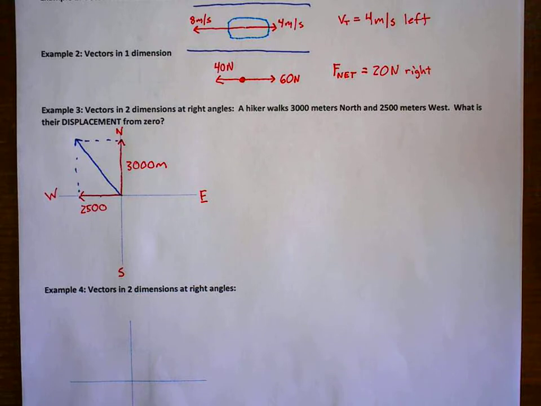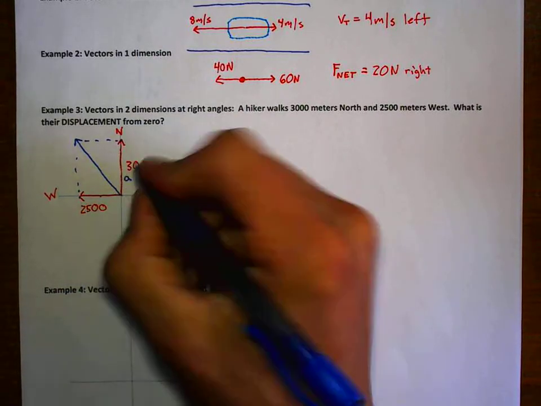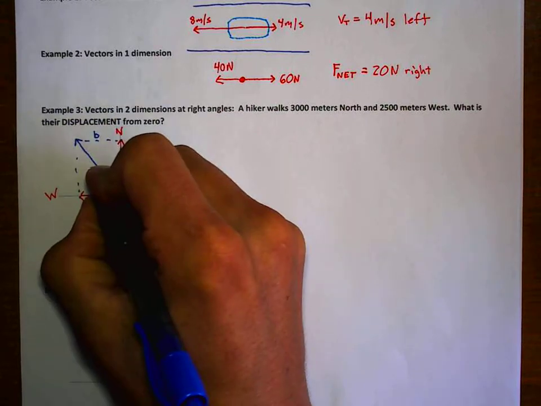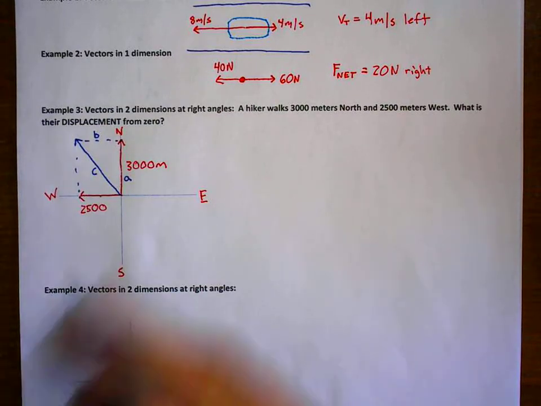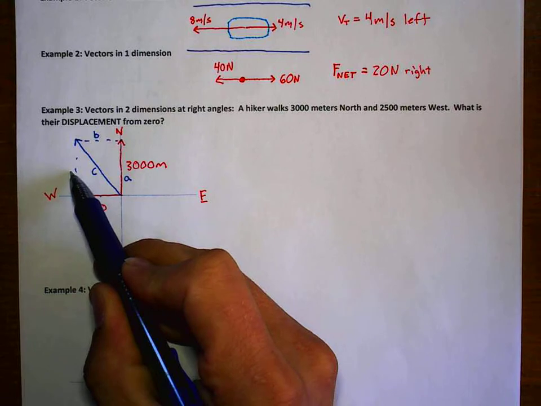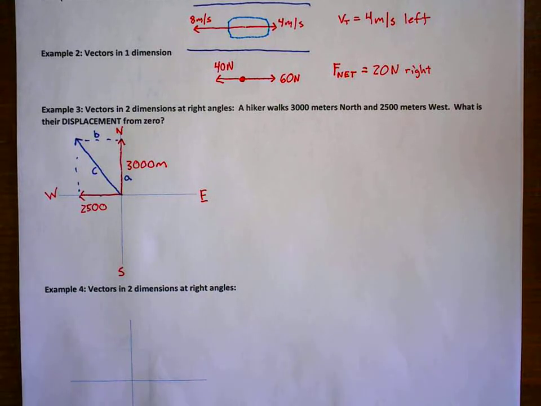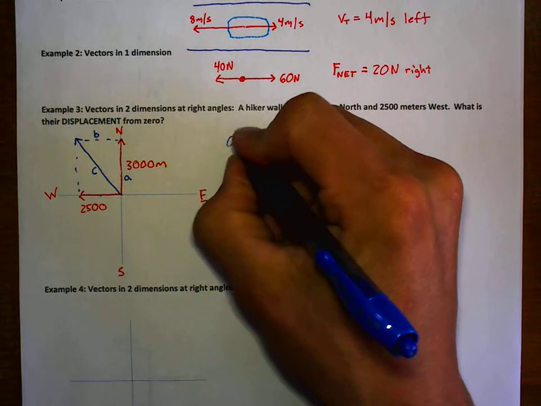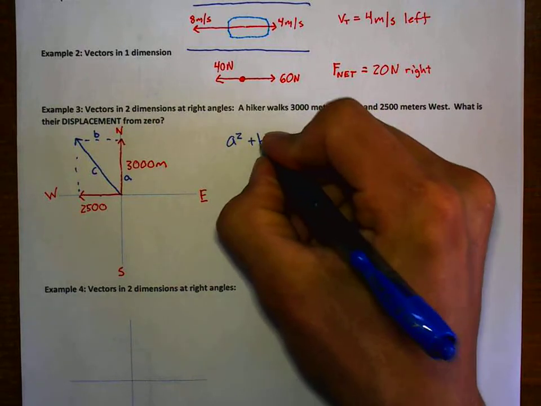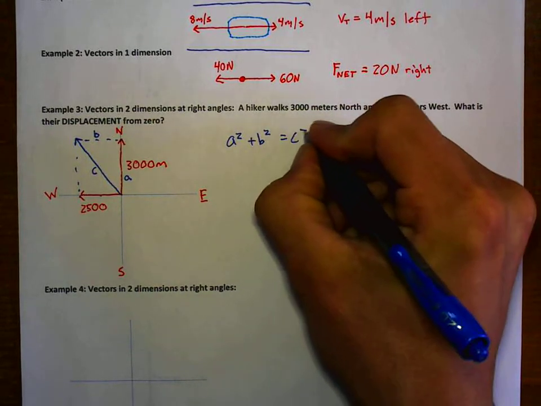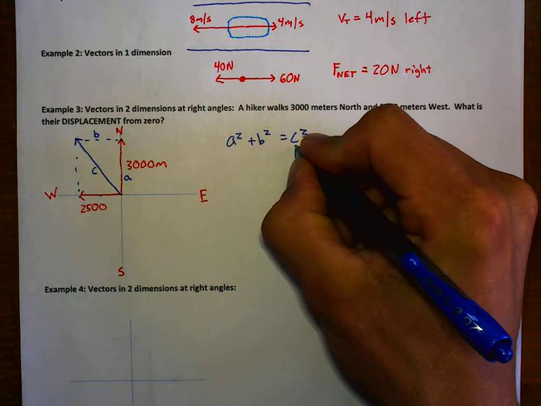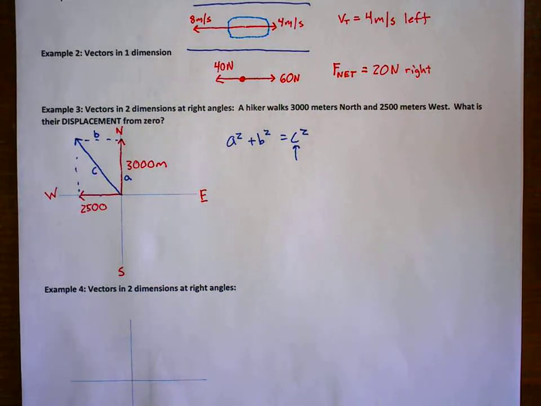Alright, so now we just have to use Pythagorean theorem, because I've got an A side, a B side, and a C side, or a hypotenuse. Or I could say A, B, C, like that. It really doesn't matter. So we know that A squared plus B squared equals C squared, and the C is going to be my resultant vector.